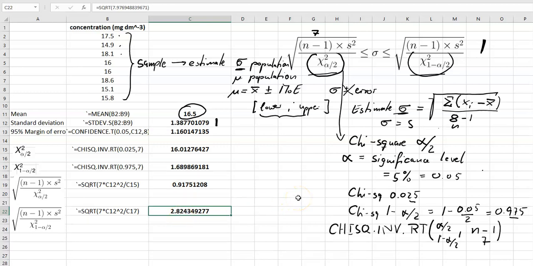And this actually forms the boundaries of our calculation of our standard deviation in the population.